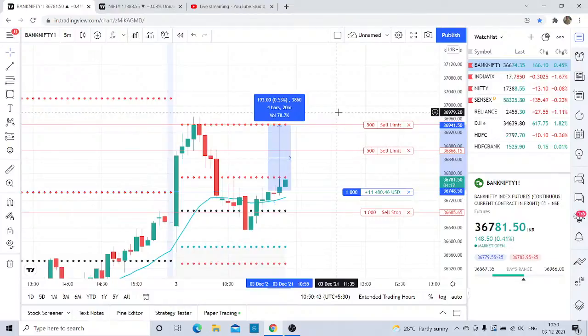A lot of sideways movement is there in today's market. There will be a decay in premiums if you trade in options. Today it is best to trade in futures.